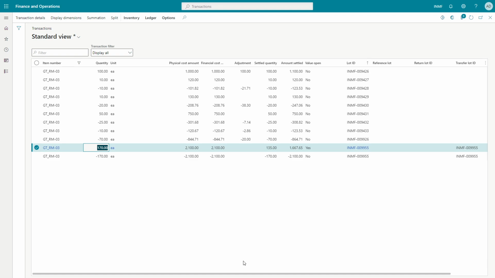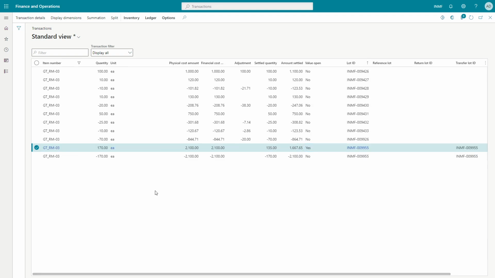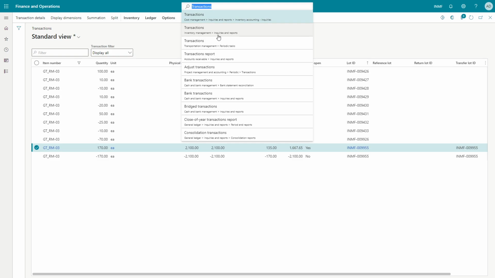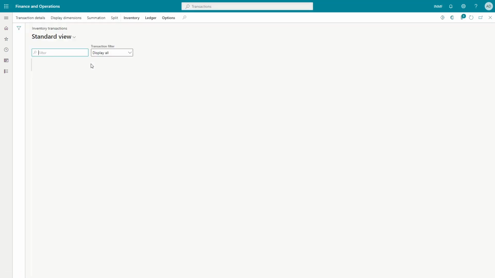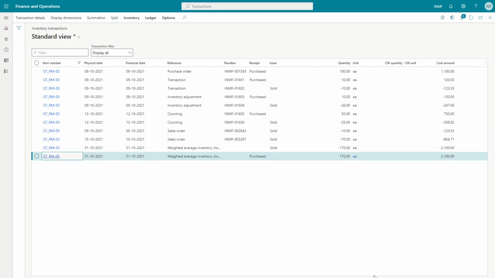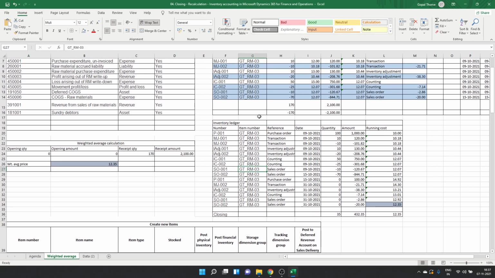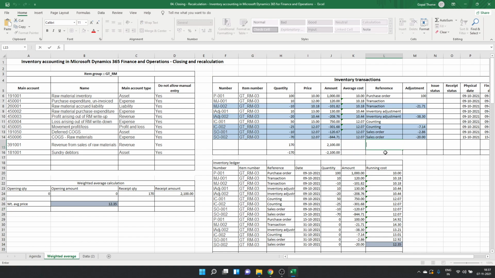As I told you, these are created as virtual transactions. Let me add a few more columns. So the reference is weighted average closing.